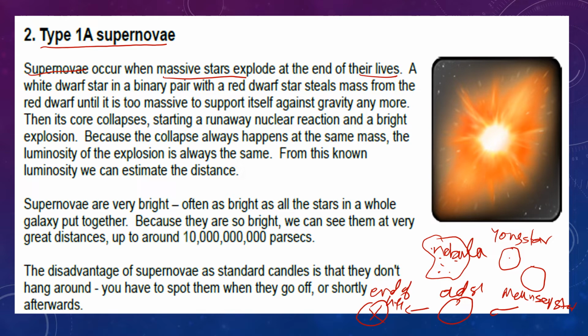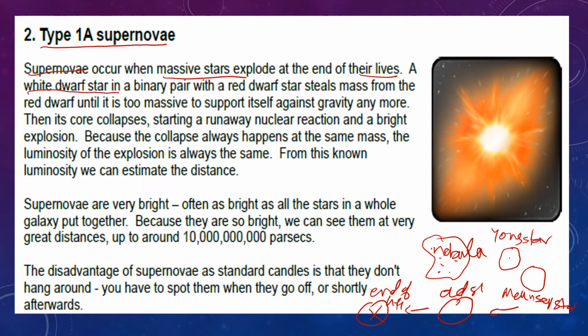So when the star reaches the end of its life cycle, it explodes. When it explodes, a lot of brightness is produced. That brightness is known as supernova, right? So supernova occurs when massive stars explode at the end of their lives.